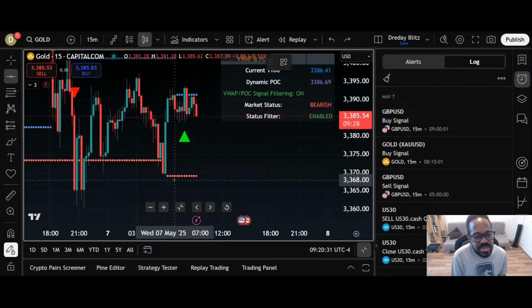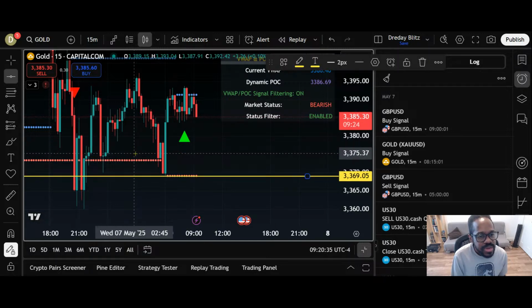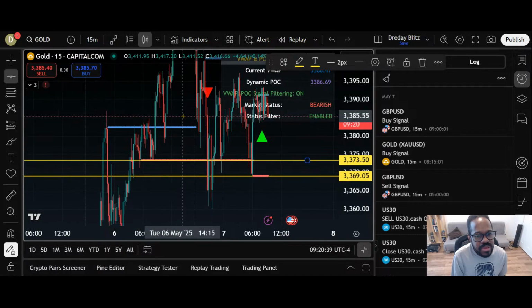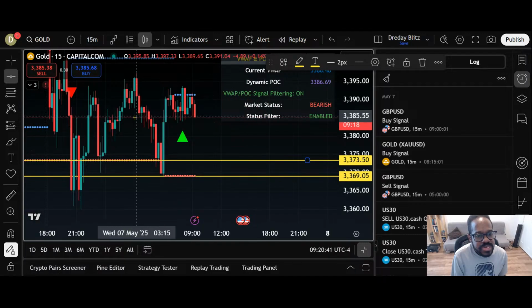So we had one support line here, and you have the other one here. Okay. And you had a resistance line here.